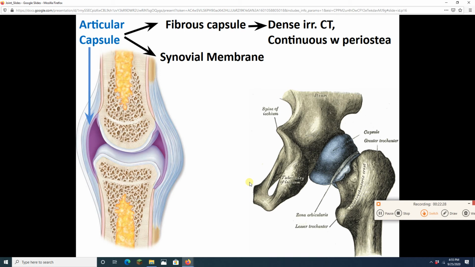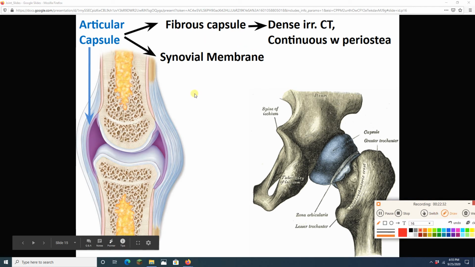There's an outer part called the fibrous capsule, like the bluish part here. It is made of dense, irregular connective tissue, and it is going to be continuous with the periosteum of the bone on both sides, so continuous with all the periostea. And this is going to help give the joint some strength, because if it's a mobile joint, we do need some strength. The capsule will help.